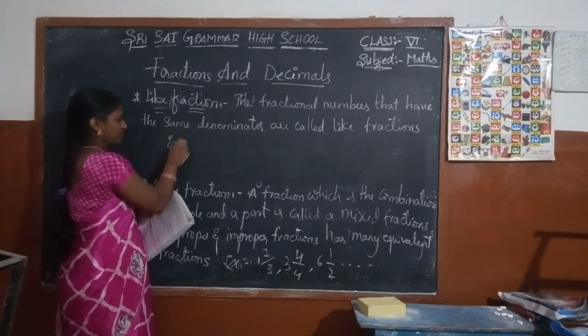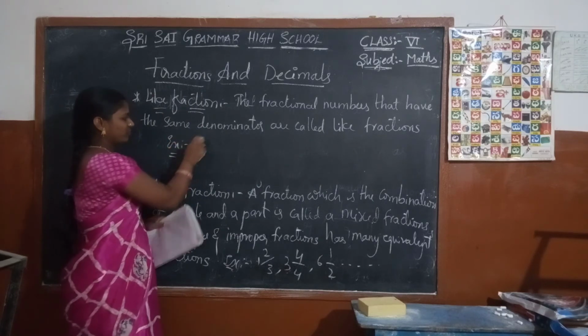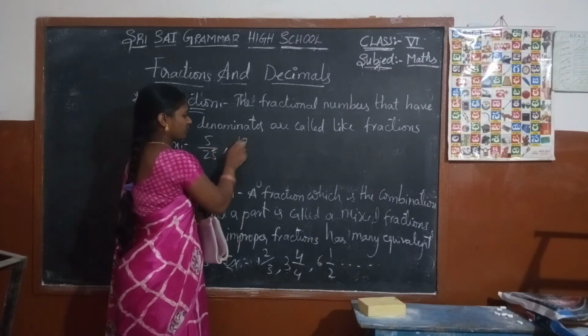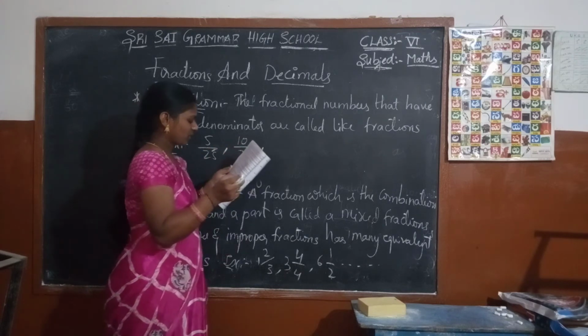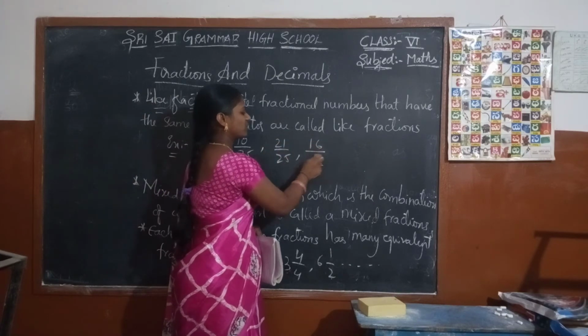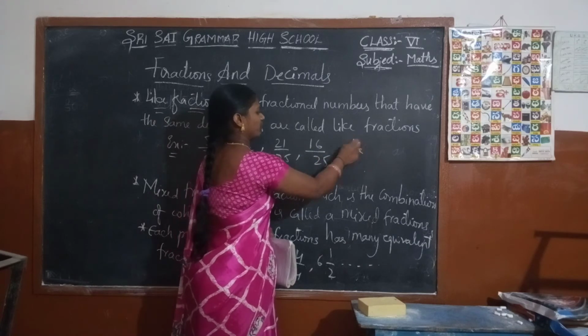Examples: 5 by 25, 10 by 25, 21 by 25, or 16 by 25, etc.